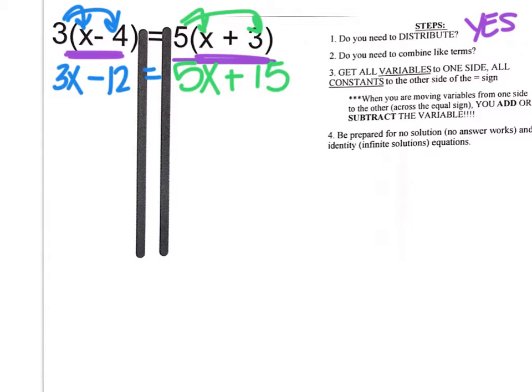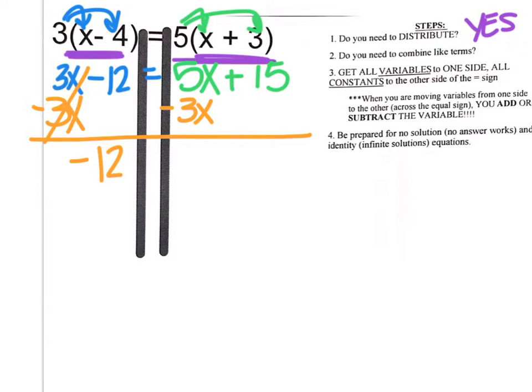So let's do that. Let's move the 3x over to the right-hand side. Gives me negative 12 equals, now see how I come out with a positive 2x? If I would have moved the 5x to the left-hand side, I would have been given a negative number. So now we have a nice positive number, which is beautiful. Okay.